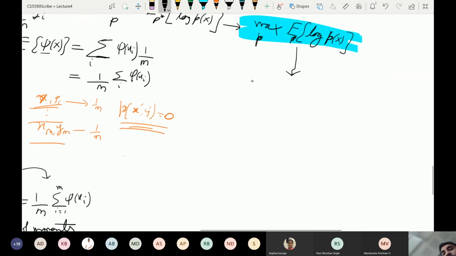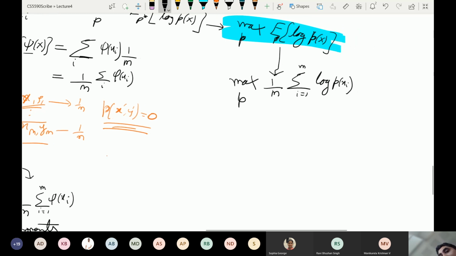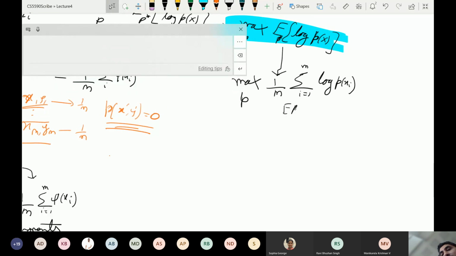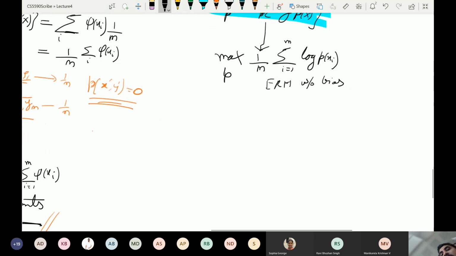Like in ERM, you will simply approximate this by this quantity. And again this will fail. Why? Because this is like ERM without any bias, and we know such things fail.